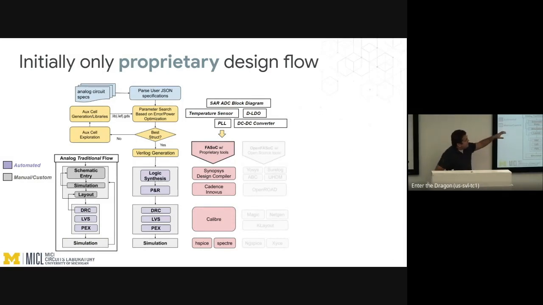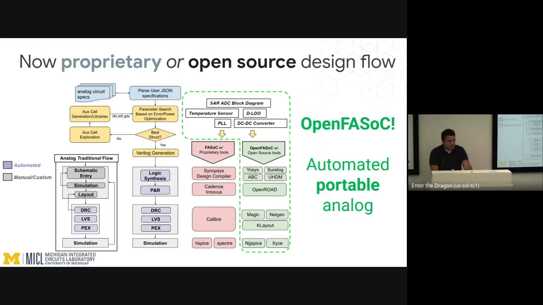It's called FASOC. It's based on proprietary tools. It's using Synopsys, Cadence, and all the closed tools. But my focus here is on OpenFASOC, and 2 years ago we started the flow based on the existing open source tools: Yosys, sometimes Surelog and UHDM thanks to Antmicro and Google, OpenROAD, Magic, Netgen, KLayout, and GSpice and Xyce. So that's the whole tool chain we are using.